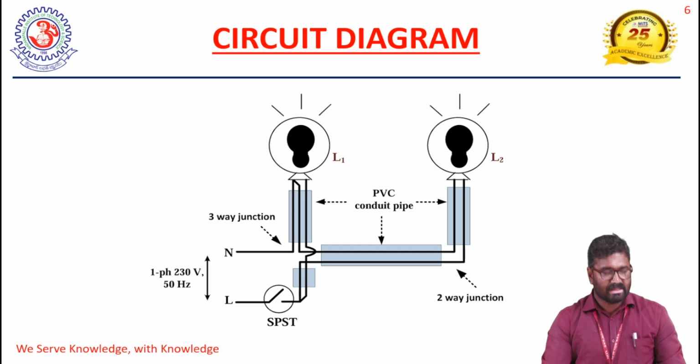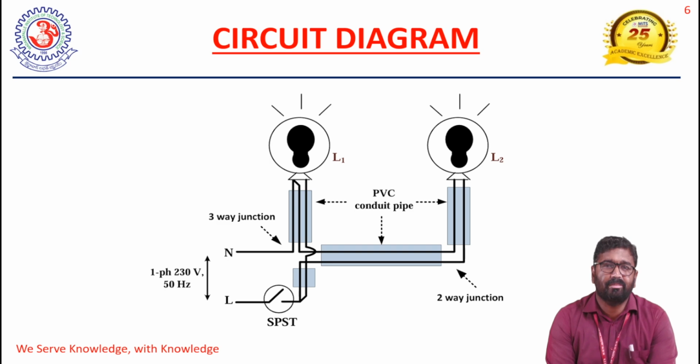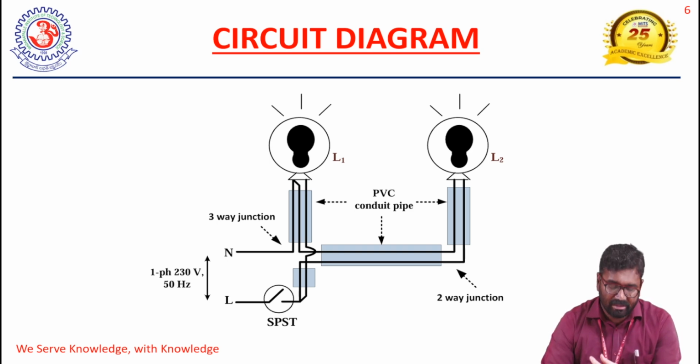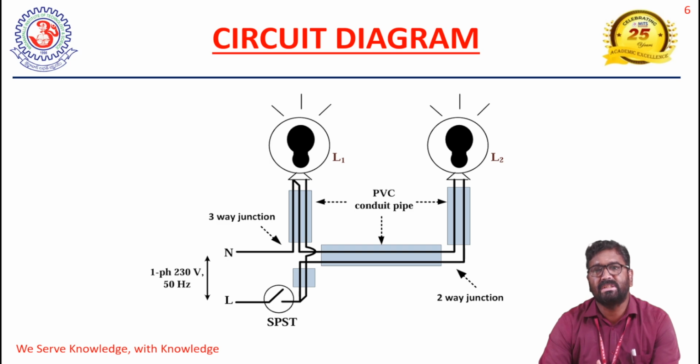In the same case, let us check the practical point of view. Here we have two lamps which are connected in parallel. The phase and line are taken from the source, like a single phase 230 volt 50 hertz AC supply. Here one SPST switch is there, that is a single pole single throw switch.